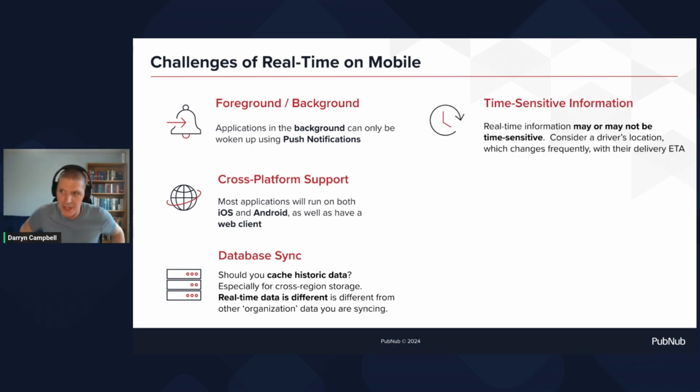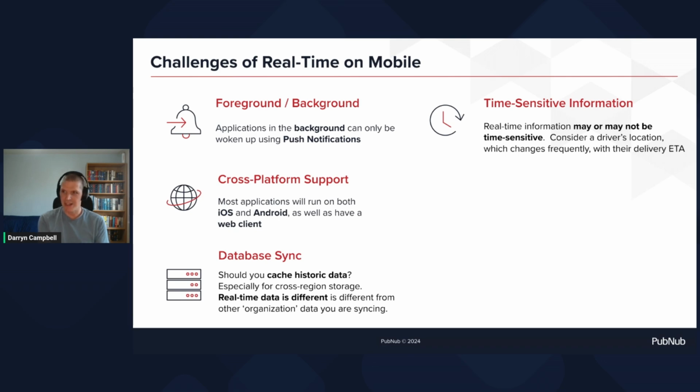Similarly to that is time-sensitive data. Another use case of real time: we're familiar with food or packages being delivered to us and being able to track the driver's location. I know not all apps support this, but many apps will allow you to see the driver in real time. As a user, I don't care where the driver was 5 minutes ago.